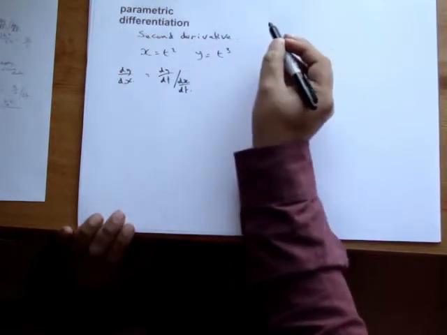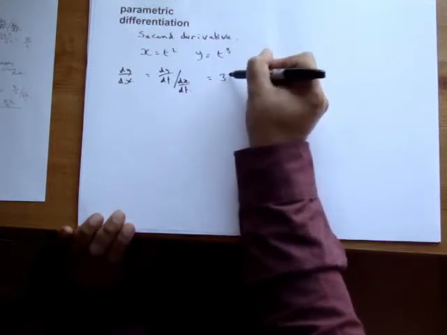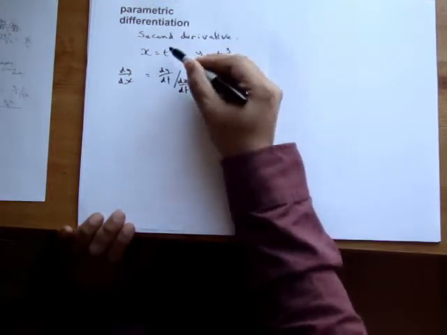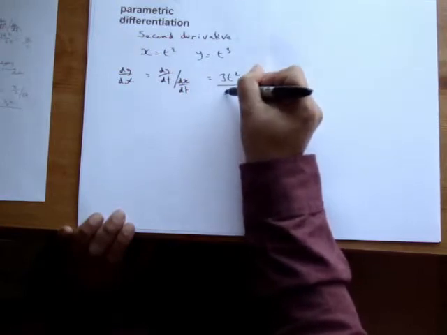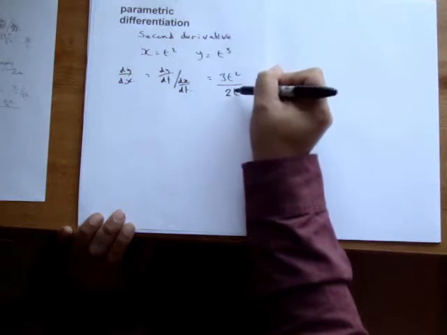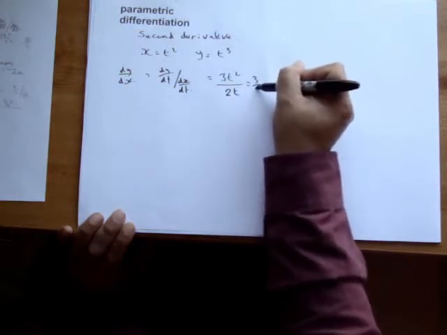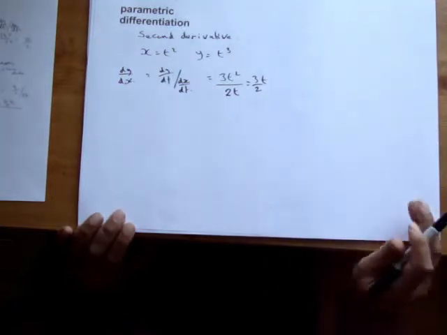So dy by dt is 3t squared, dx by dt is 2t, which equals 3 over 2 t.